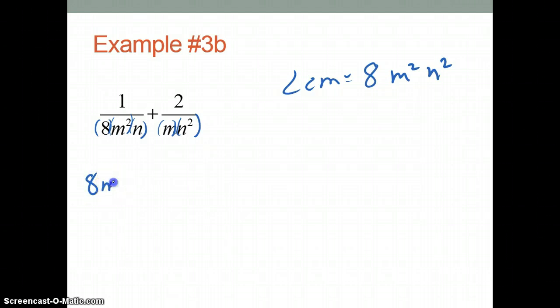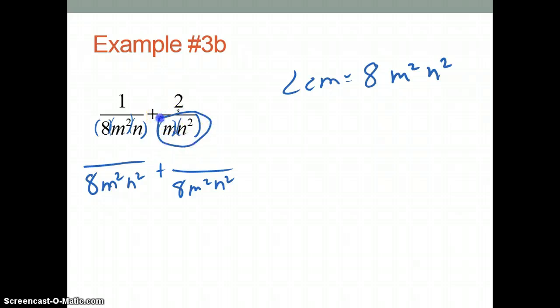And how we're going to use that is we're going to take that, and that's going to be our bottom, our common denominator. So we have to ask ourselves, what do we multiply this piece right here by to get down to this common denominator? So we definitely have to multiply it by an 8.